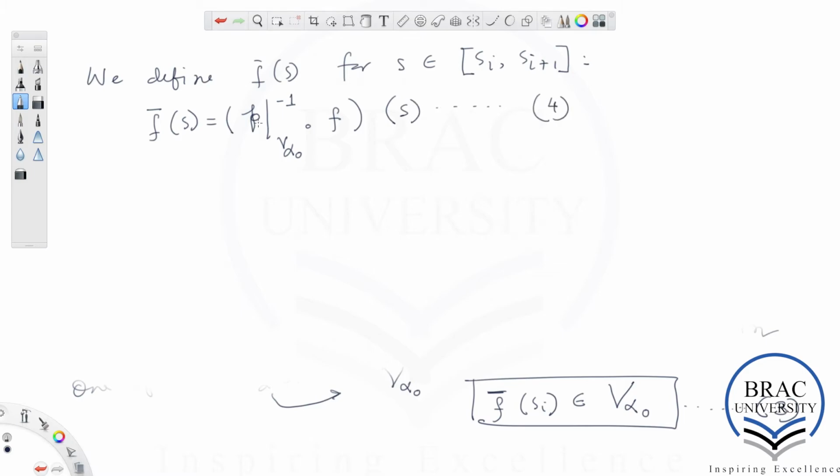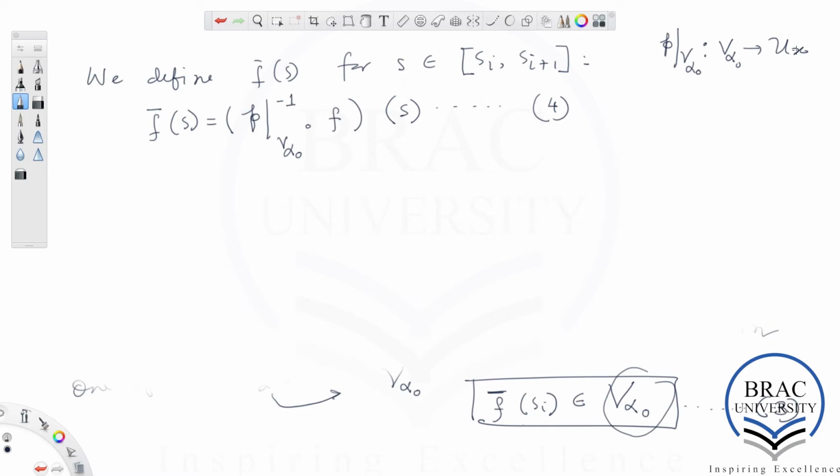It makes sense since V alpha 0 is the unique slice that contains this F bar of Si, okay? So P restricted to this V sub alpha 0 is the homeomorphism from V sub alpha 0 to U sub x, according to the definition of a covering map, right?